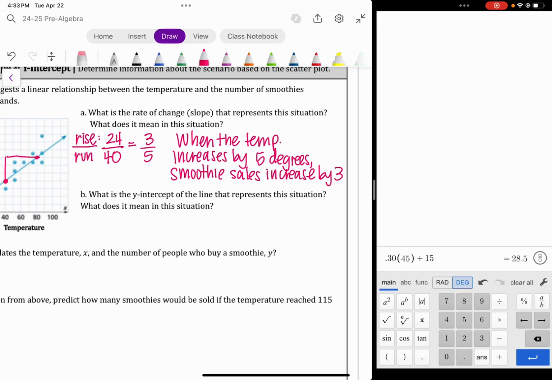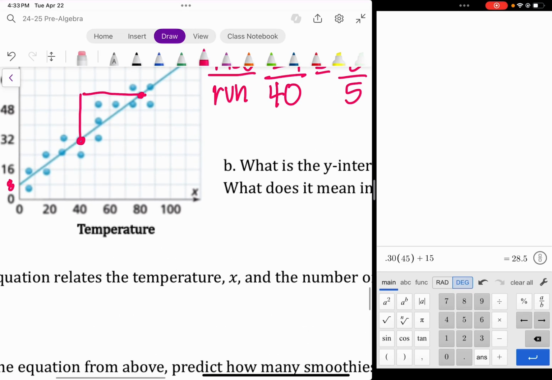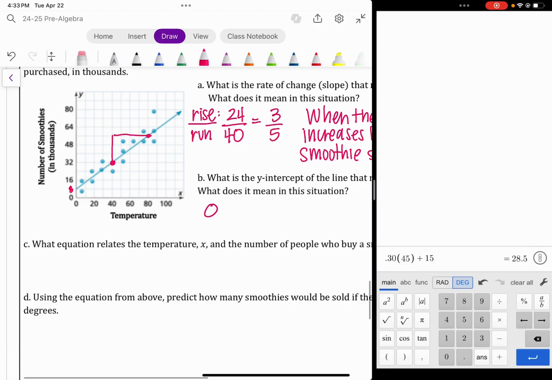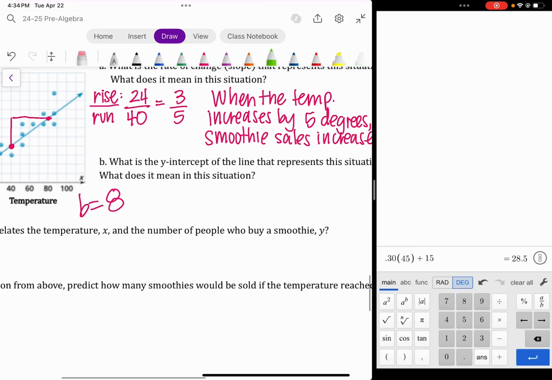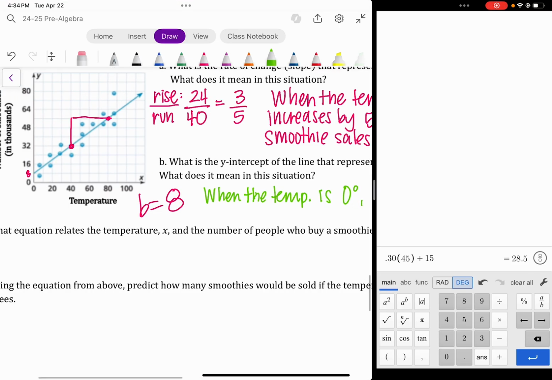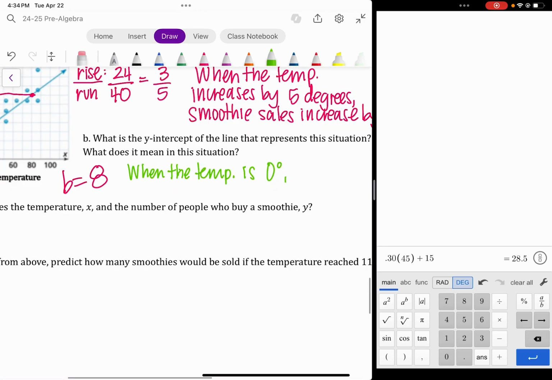And what is the y-intercept of the line that represents this situation? Okay, so this is hitting at 8. So b is equal to 8. And that just means when the temperature is 0 degrees, 8,000 smoothies are sold.